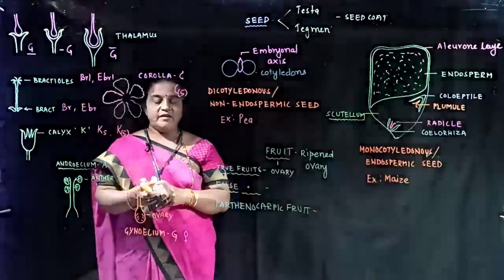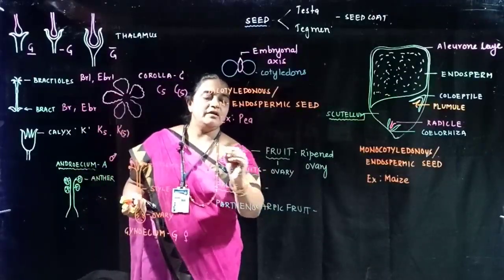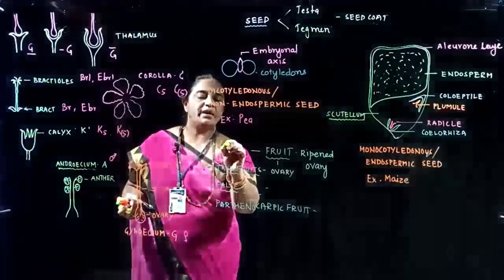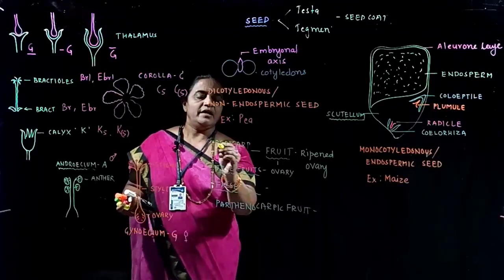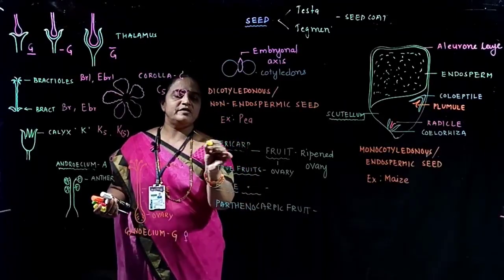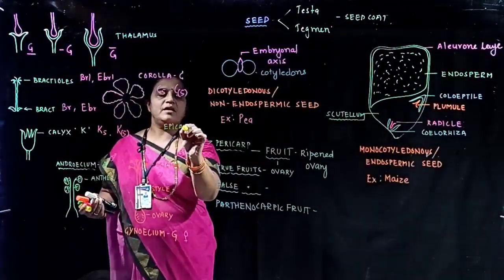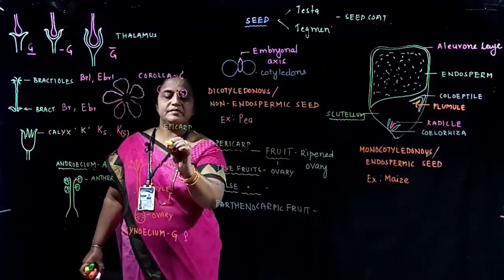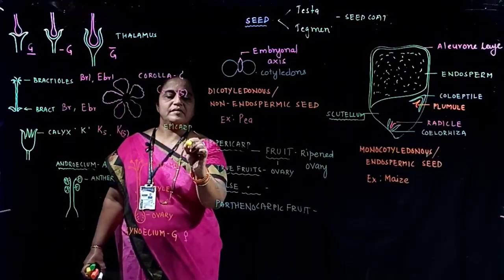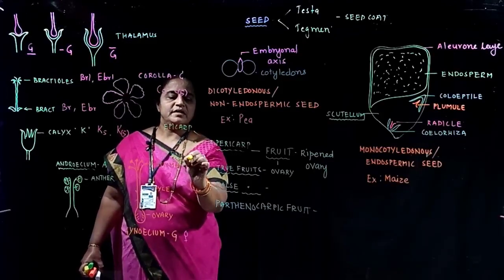The fruit is protected by a fruit wall, and the fruit wall is known as the pericarp. In some fruits this pericarp differentiates as the epicarp, the outer one, the mesocarp, and the inner one, the endocarp.